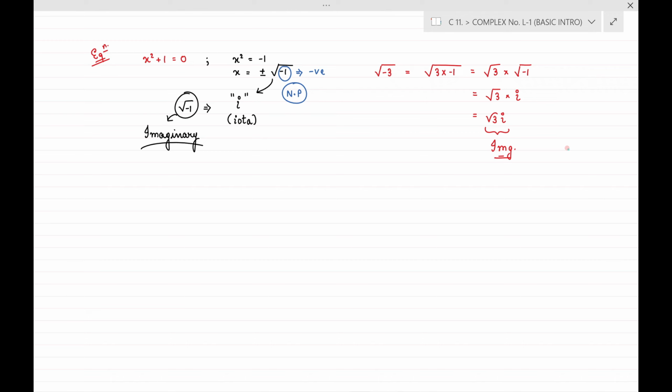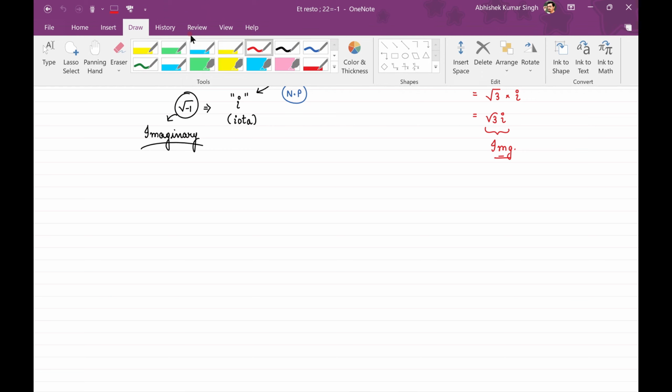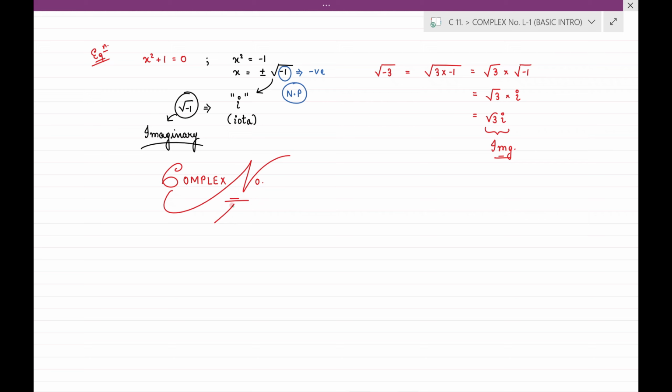Now from here the concept of complex numbers comes out. Complex numbers is the mixture of real and imaginary. रियल एंड इमेजिनरी नंबर्स का जो मिक्सचर है उसे कॉम्प्लेक्स नंबर कहते हैं.